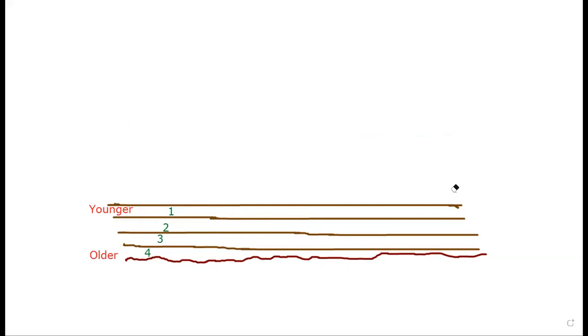When the water completely evaporates, this area is exposed to the atmosphere, and when this area is exposed, the processes of weathering and erosion take place. Weathering and erosion will start. Now after weathering and erosion, what happens?